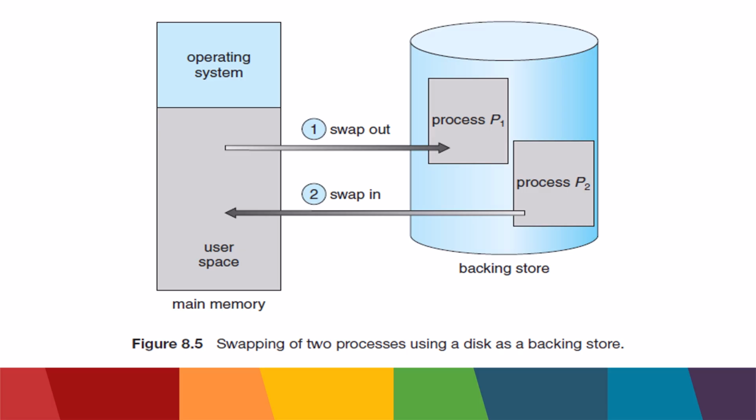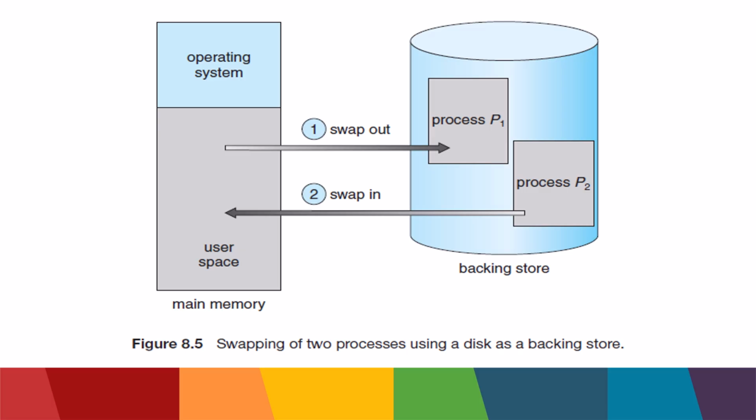It shows the process P1 moved from main memory to the backing store. This happens when we need to free up memory, maybe because another process needs to run or because P1 is idle.